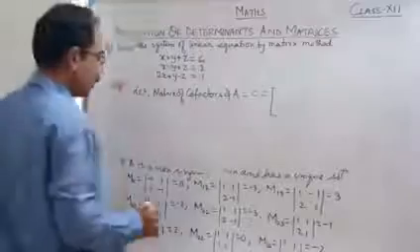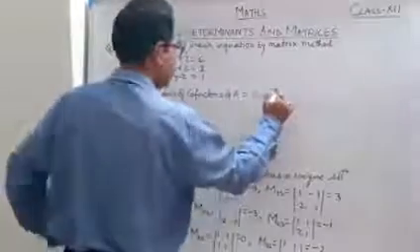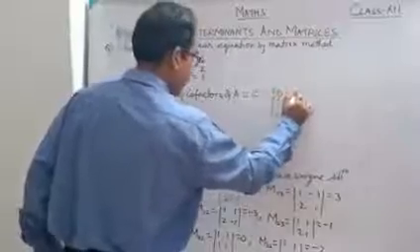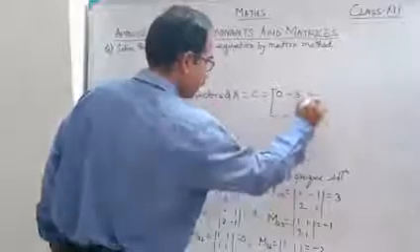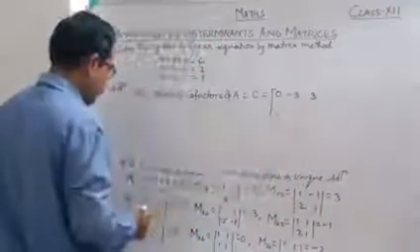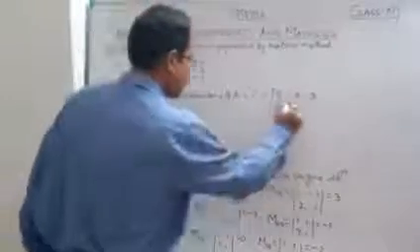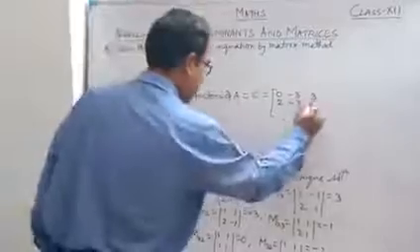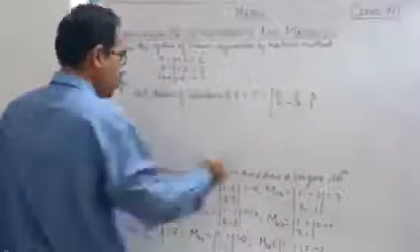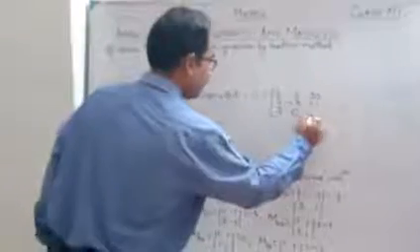Directly you can write 0, this one will be 0, this one will be minus 3, this one will be 3, then after 2, minus 3, 1, then from here 2, 0 and minus 2.